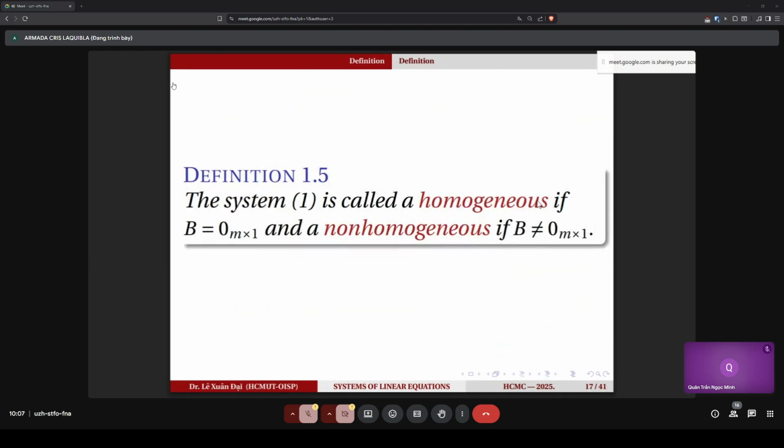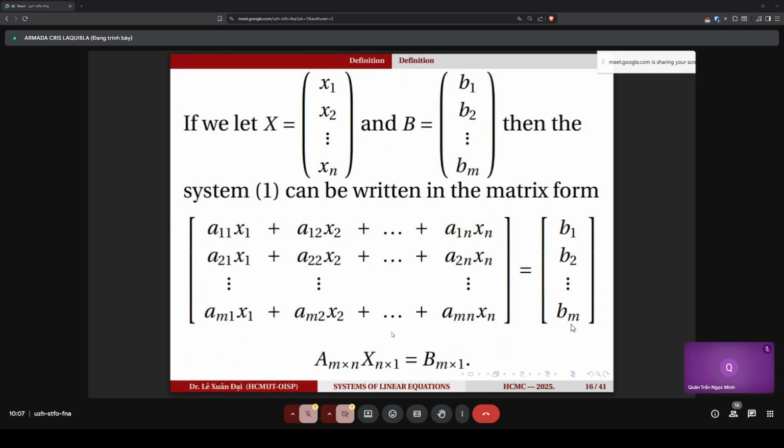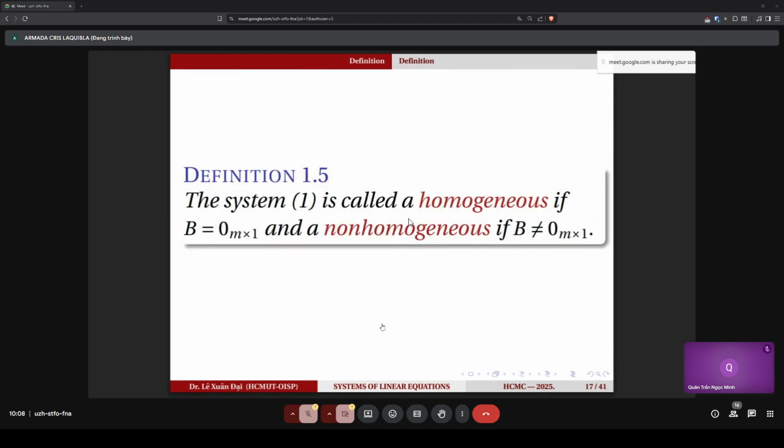So the system 1 is called homogeneous if your B is equal to 0. If the entries in your B are all zeros, then that is homogeneous, and non-homogeneous if B is not all zero, or not equal to the zero matrix m by 1.